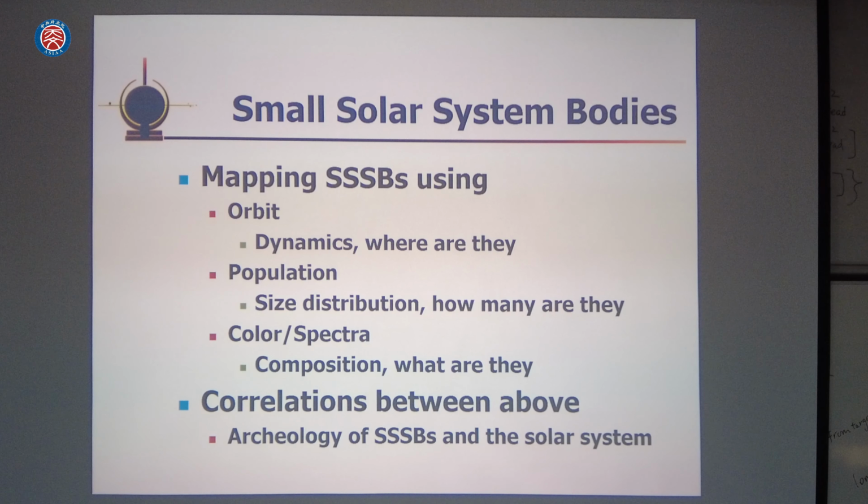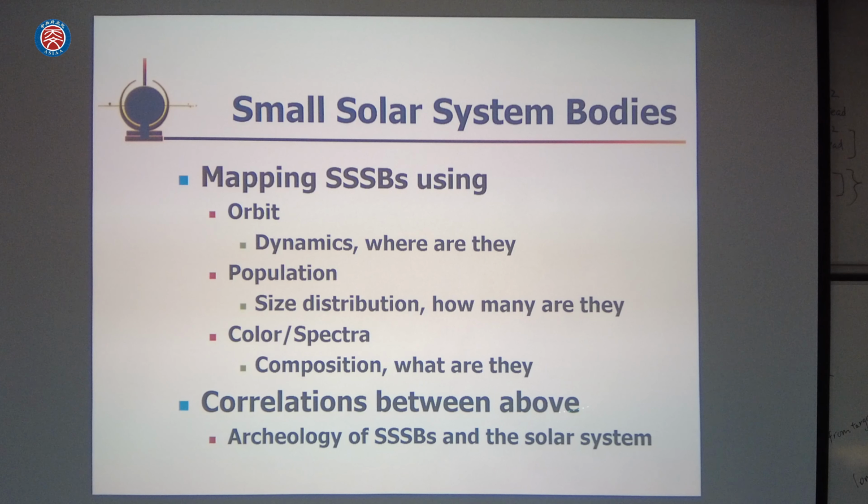So how do we learn about asteroids? Well, we first have to identify where they are, which means we need to know their orbit, which is their dynamics. Then we try to see how many there are, which means the population of each group, and what the size distribution is. Are they similar to each other, or are they different, and how so?